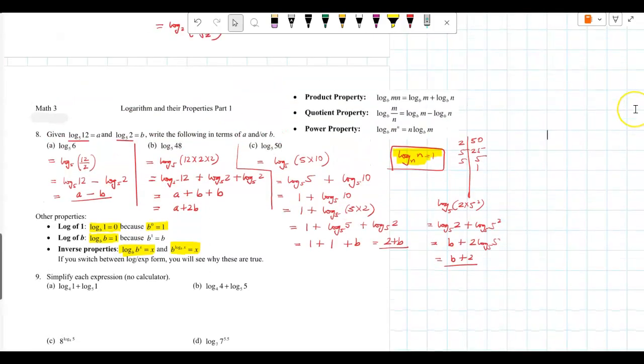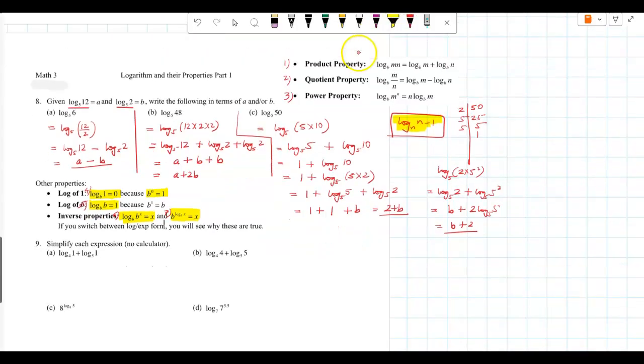So how many properties do you have to write on your paper? 1, 2, 3, 4, 5, 6, 7. On a sheet of paper, you must write all of them together and learn them up. Write it several times and keep that in front of you. But show your teacher.